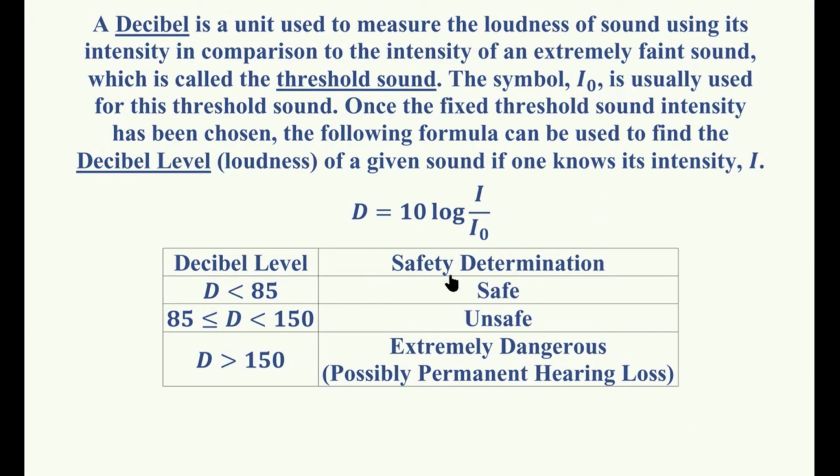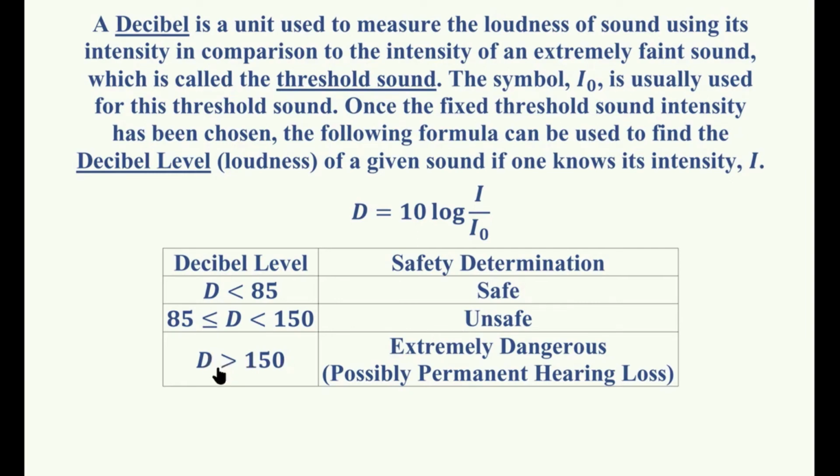And basically, as far as decibel levels are concerned, when we do the computation, any decibel level that's less than 85 is considered safe. Decibel levels greater than or equal to 85 but less than 150, meaning decibel levels between 85 and 150, left inclusive, are considered unsafe.